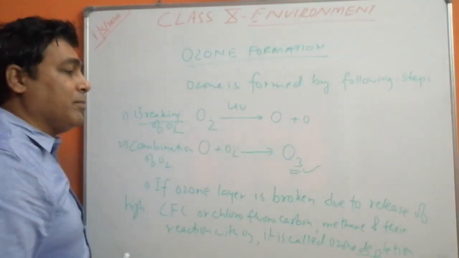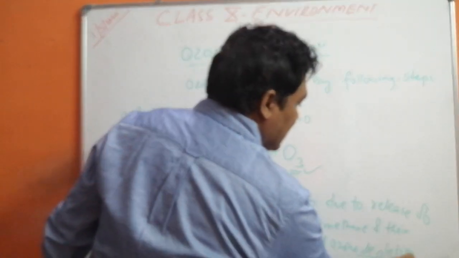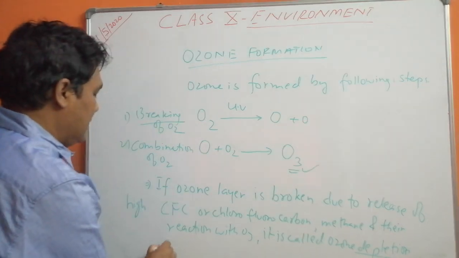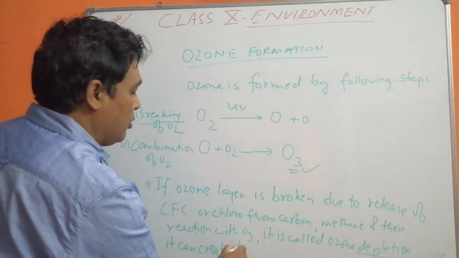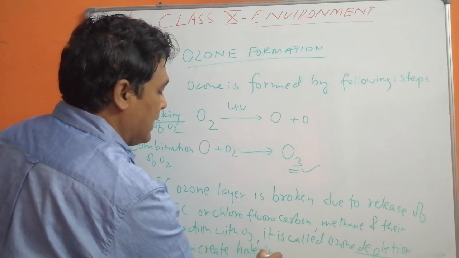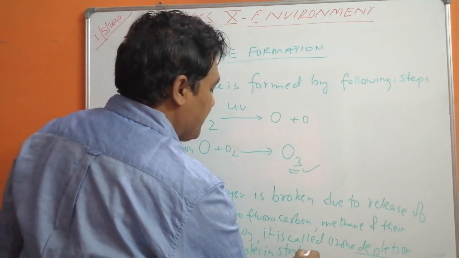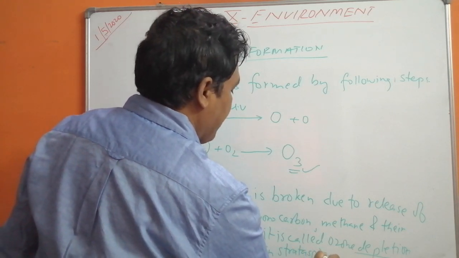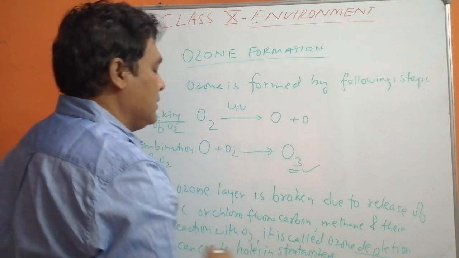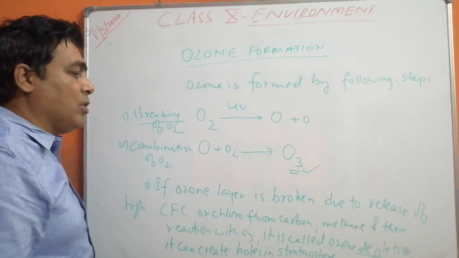So when the ozone is depleted, means it becomes less in content, that will make an ozone hole. It can create holes in the stratosphere layers of the earth and allow the UV rays to come on earth.